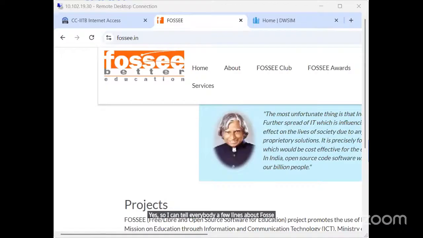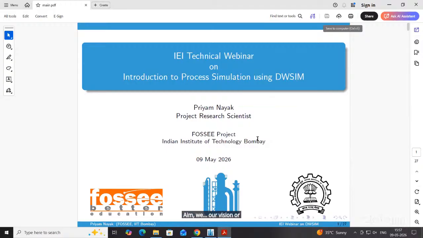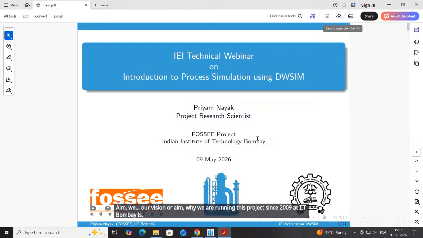So actually, with FOSSEE, we are developing this project at IIT Bombay, and this project is funded by the Ministry of Education, Government of India. Our vision, or aim, for running this project since 2009 at IIT Bombay is education for all and employment for all.